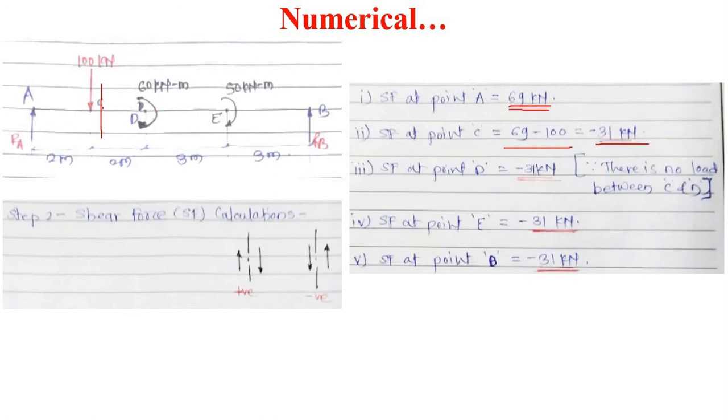Next, from C to D no extra load is there, so shear force will remain the same, constant from C to D. Therefore shear force at point D is equal to shear force at point C, so it will be minus 31 kilonewton, as there is no load between C and D. Also from D to E, again there is no load, so shear force will remain the same.